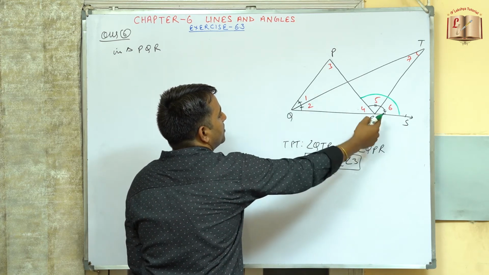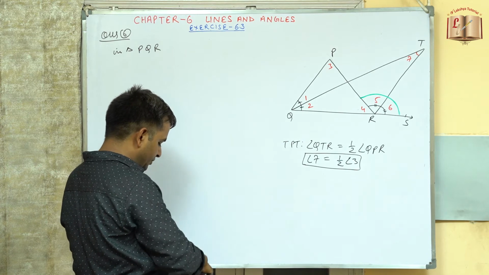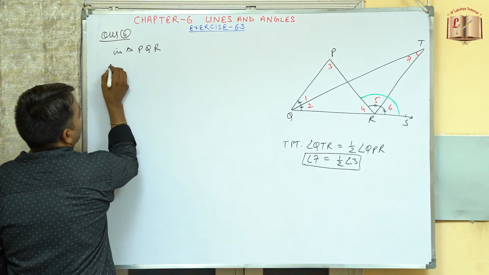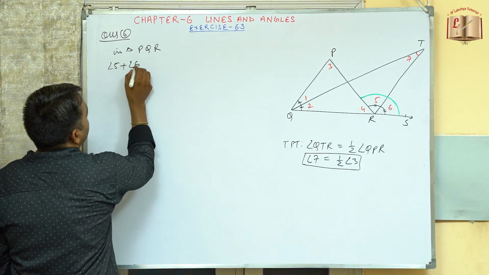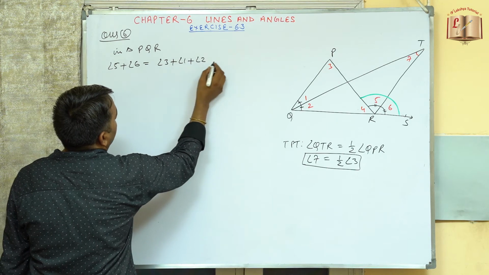The exterior angle is equal to the sum of two opposite interior angles. So I can write angle 5 plus angle 6 is equal to angle 3 plus angle 1 plus angle 2.